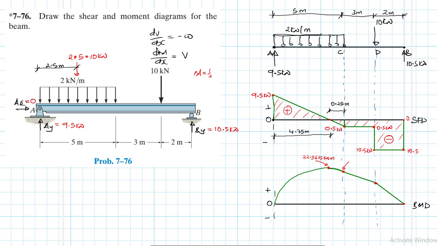So moment at that point will be equal to 22.5625 minus half times 0.5 times 0.25, which is 22.5625 minus 0.5 times 0.5 times 0.25.